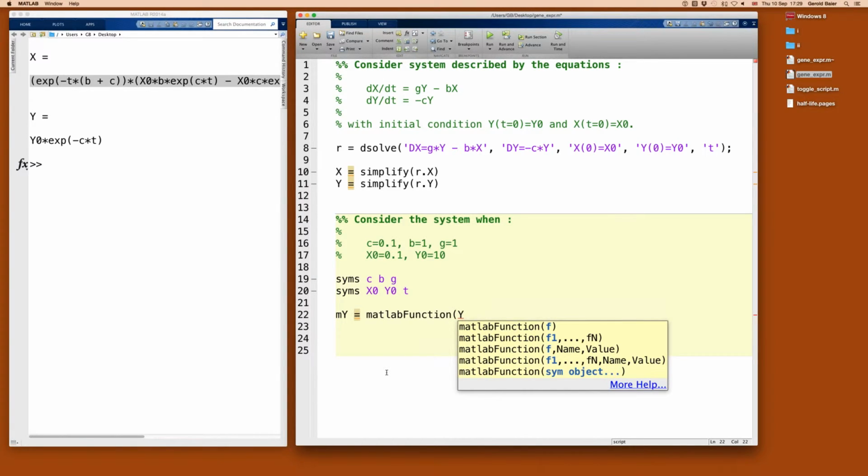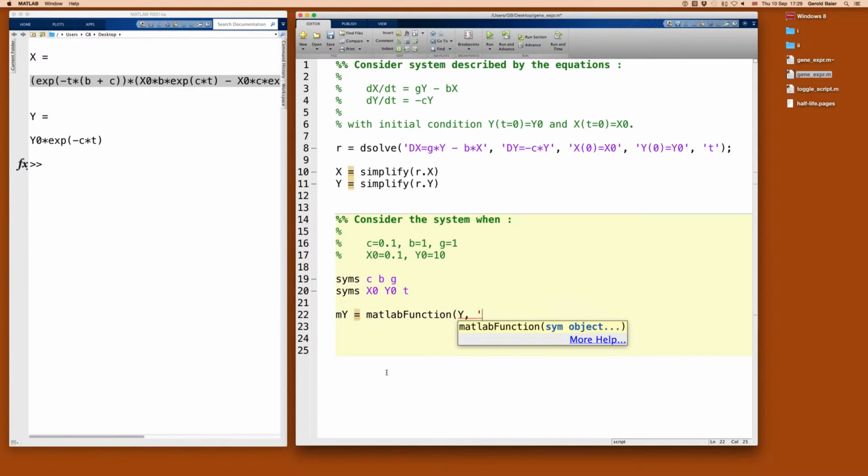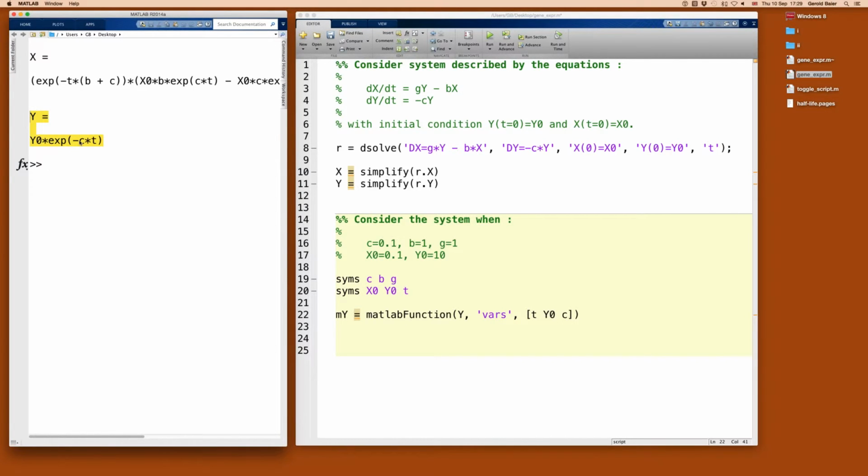I'll come back to x in a second. We need to tell it that we're going to be using the vars. I forget what that means. Variables. Okay. And then we need to pass it the variables we're interested in. So y0, t, and c are the only variables that come into this y expression: y0, c, and t.